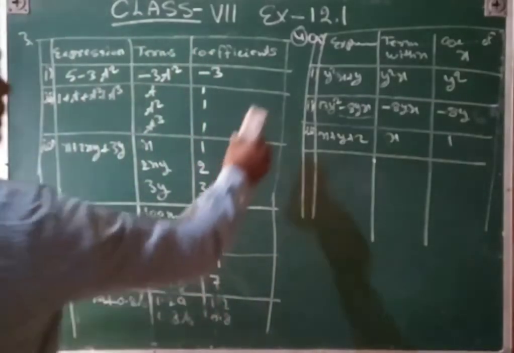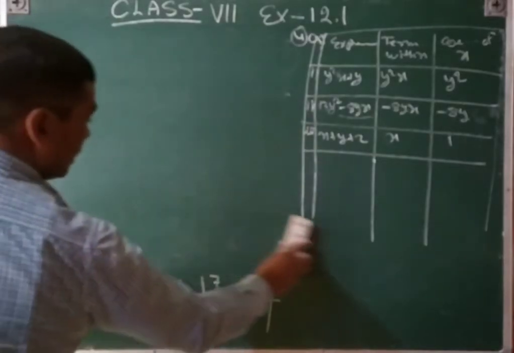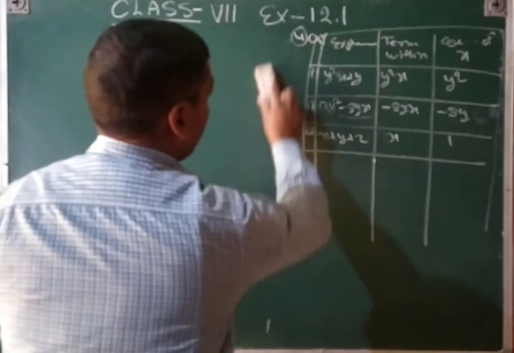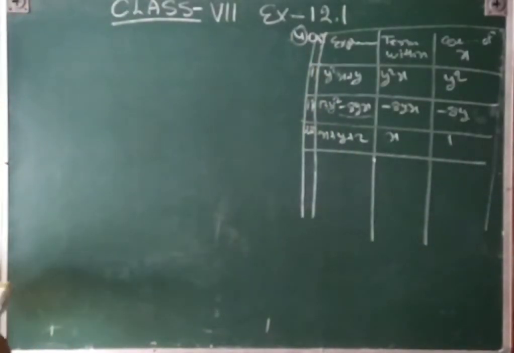And then similarly you can do the other part, no problem will be there. Now the B part of this fourth question you will see. Identify the term which contains y square and give the coefficient of y square. The same thing will be here.